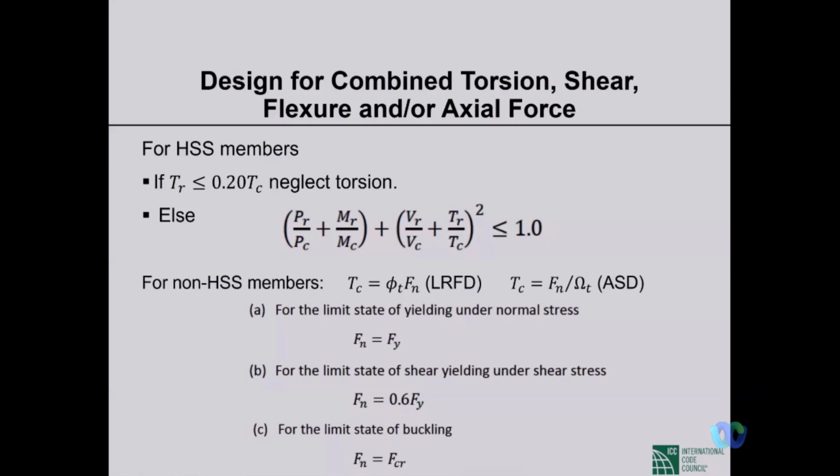When there is combined torsion and shear and axial and flexure, then we have to give this check. For HSS members and for non-HSS members, we have different sets of formulas. The basic concept I have already discussed, so I'm not going into the detail of these things. So that's it.